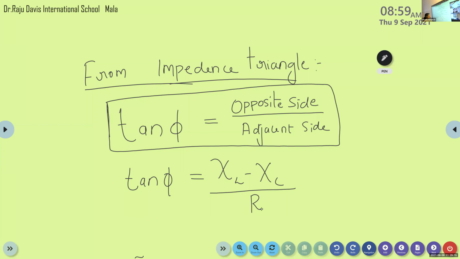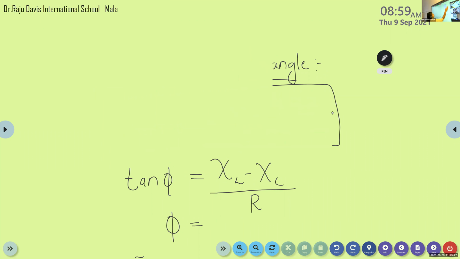From that we can find phi. If tan phi is equal to (X_L minus X_C) divided by R, how can we find phi? Take the tan to the right-hand side and it becomes tan inverse.